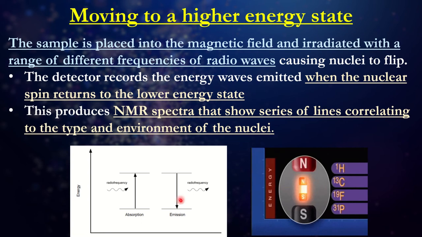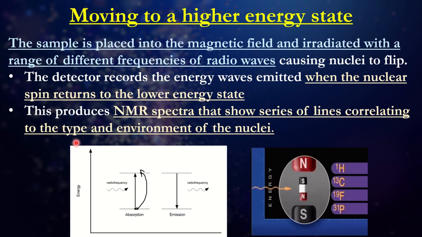Now, the way we can transition from low energy to high energy, so from here all the way up here, is to use radio waves. The radio waves just so happen to have enough energy to cause the nuclei to flip and favor the high energy state there. The absorption of the radio waves with the interaction of these magnetic fields will produce really sharp spectral lines that correlate to a specific type of nuclei.